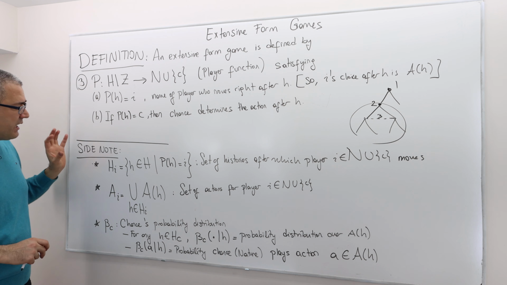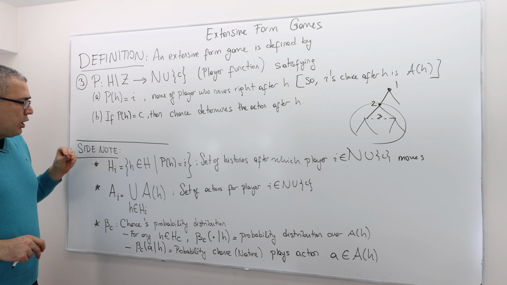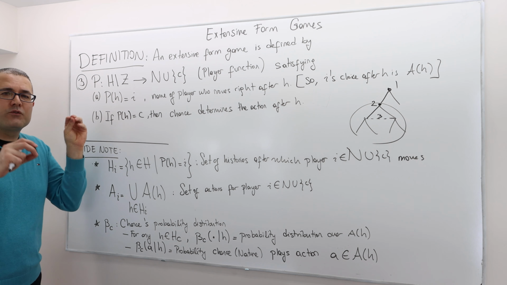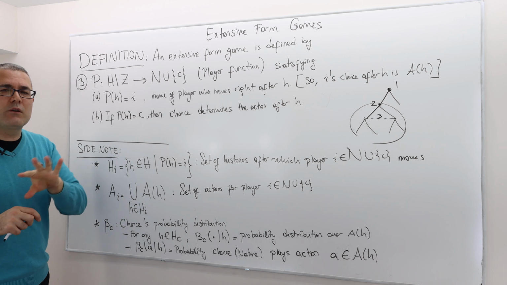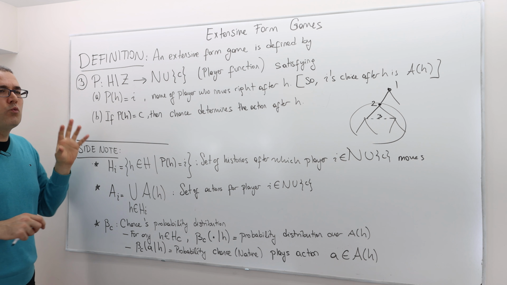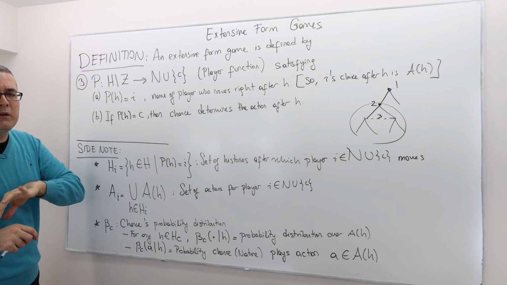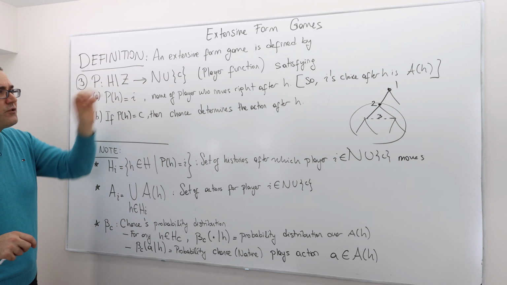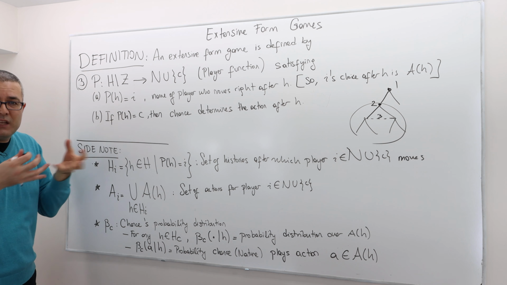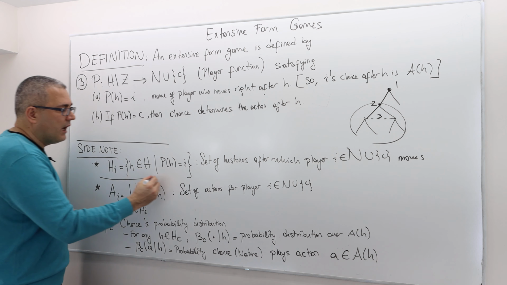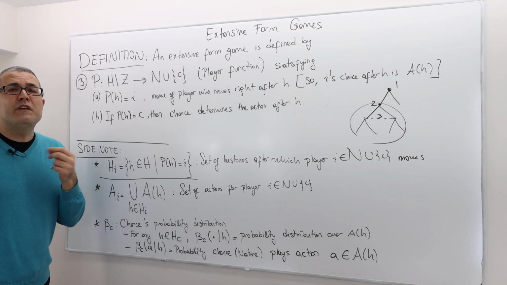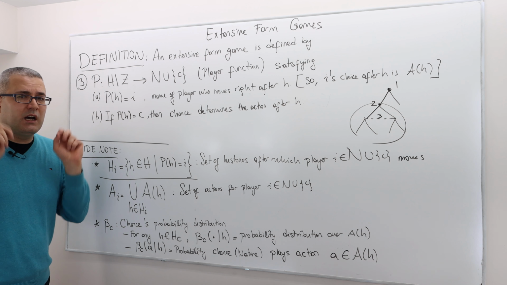Well, here is a side note. Given that we know how to describe when player i moves, when player j moves, thanks to the player function, which is a part of the extensive form game, now I can say, what is the set of histories that belongs to player i, quote unquote?